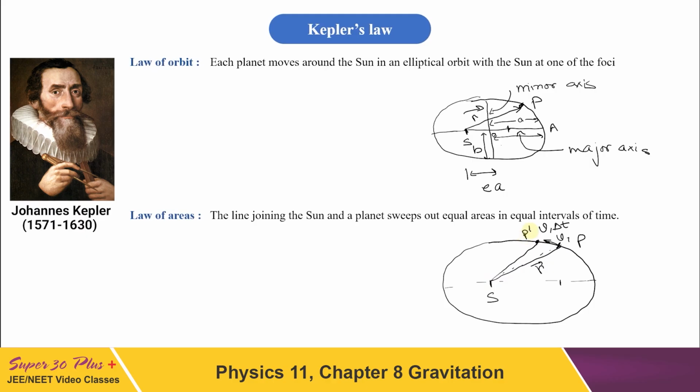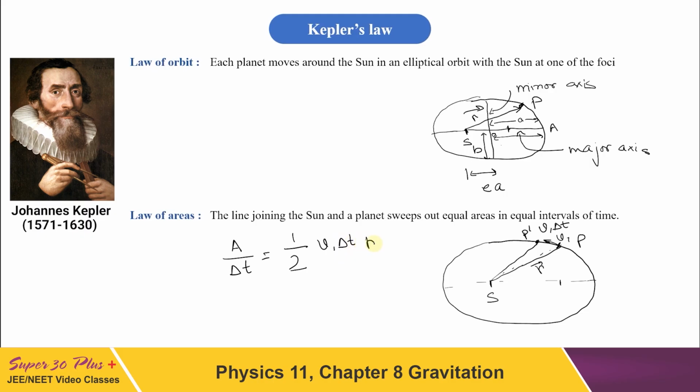According to the law, the line joining the Sun and the planet sweeps equal areas. So let us see what area is swept by the position vector r in time delta t. As you can see, this is very close to a triangle. So the area in time delta t is half times the base, v1 delta t, multiplied by r.